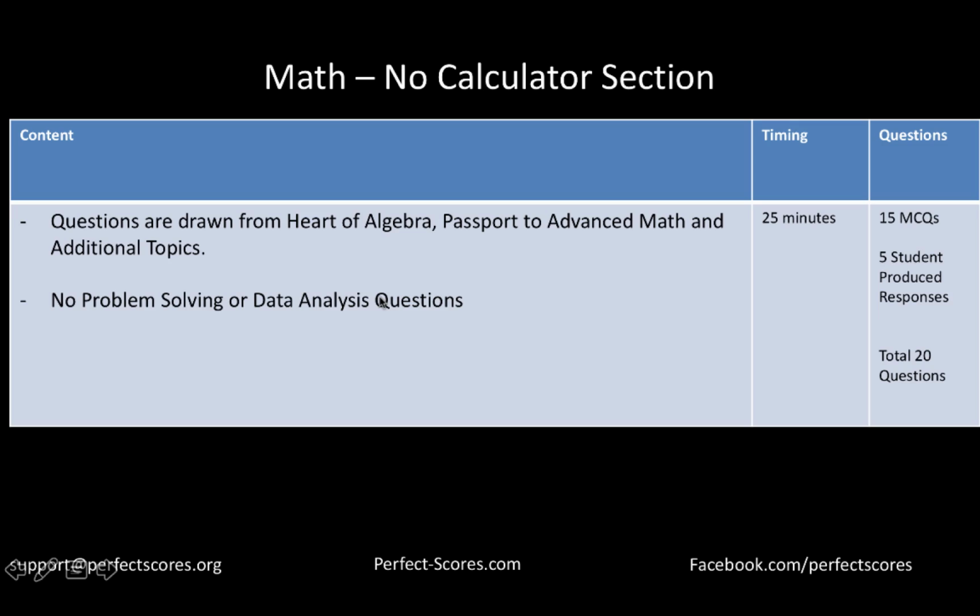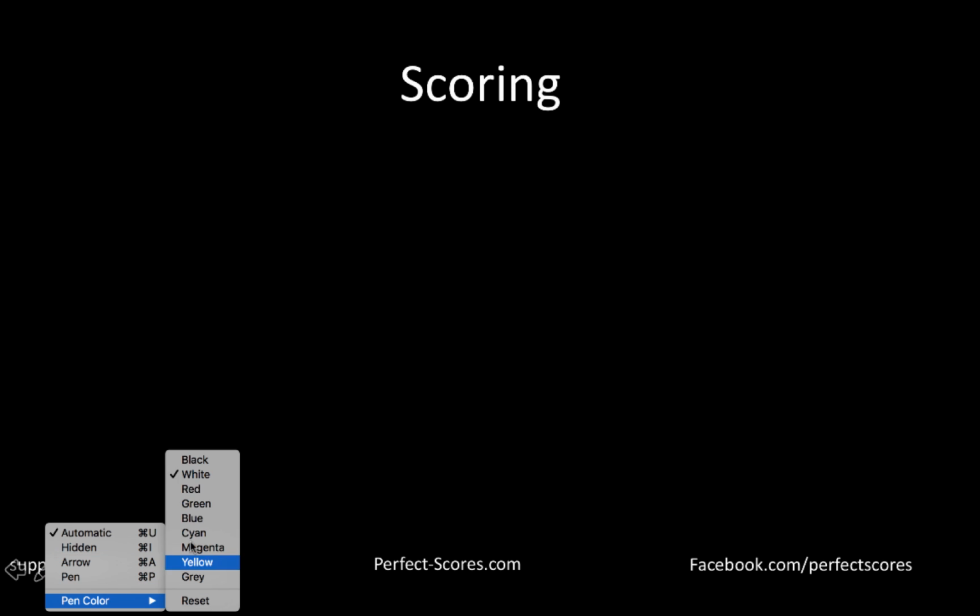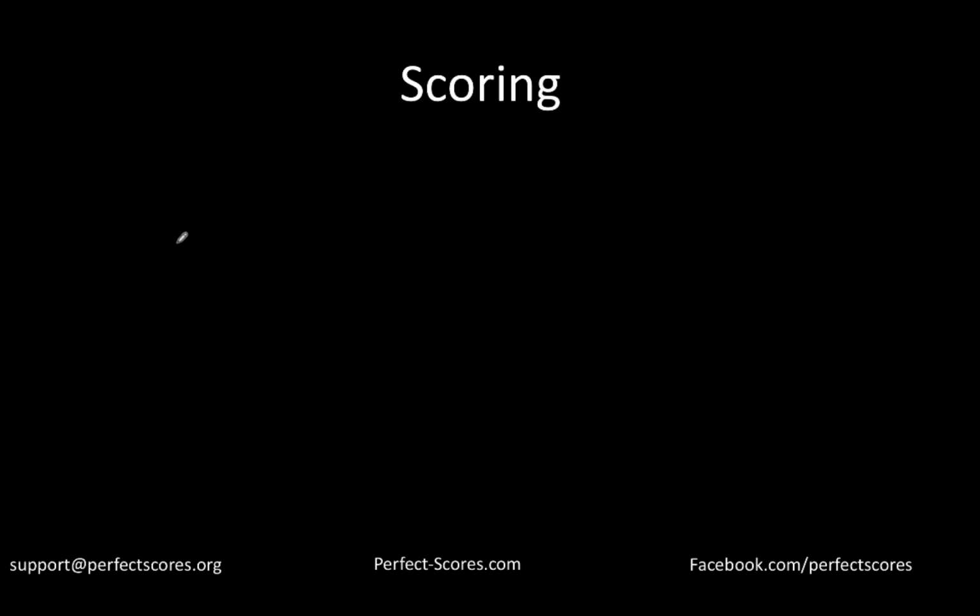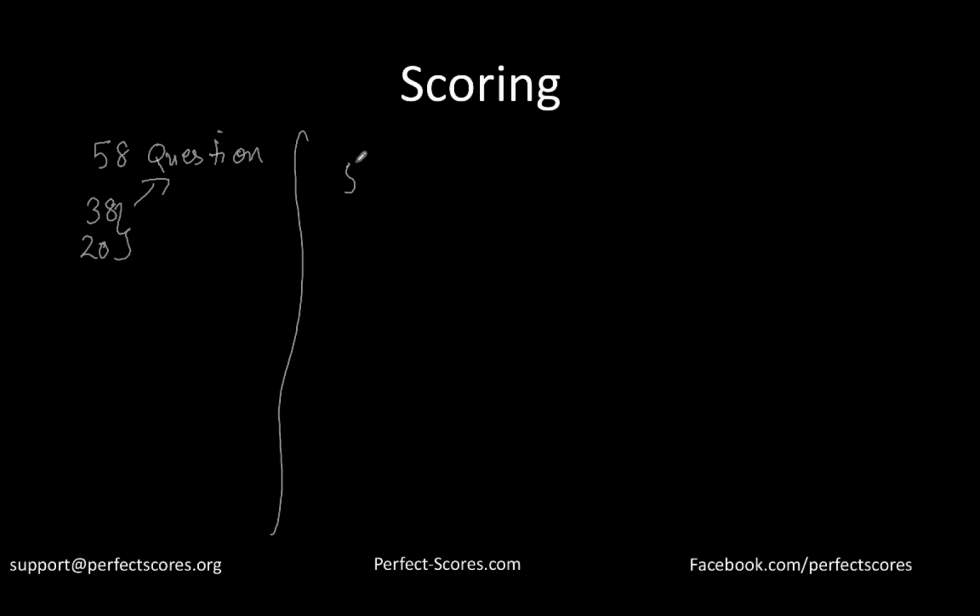Well, I'll talk about scores first. There are a total of 58 questions in the math test: 38 questions in the calculator section and 20 questions in the non-calculator section. Now, if you get a question right, you get one mark.